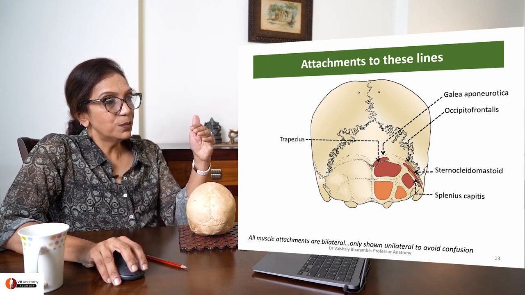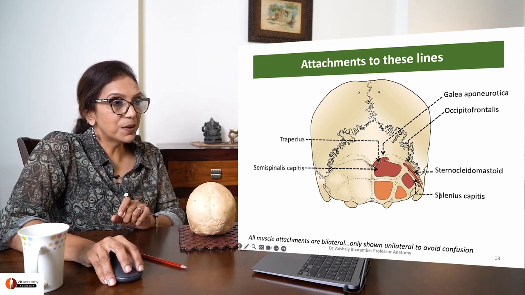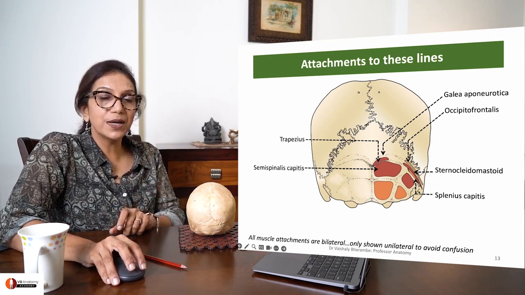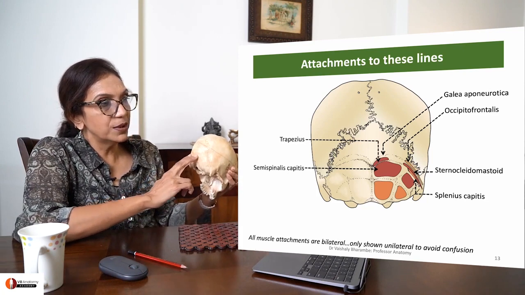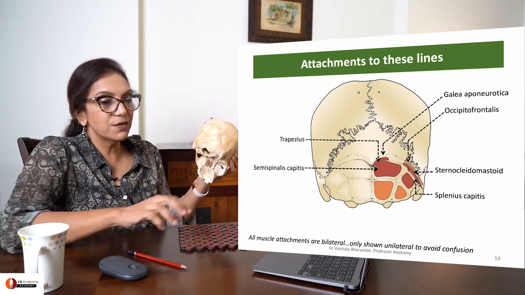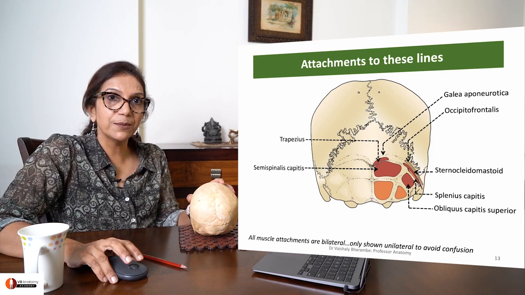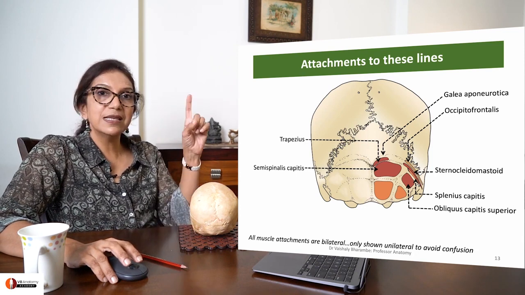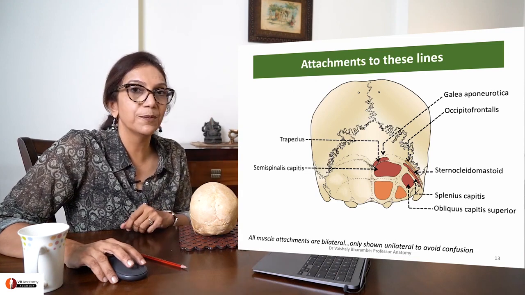Now below this superior nuchal line, you are seeing a couple of depressions. One depression medially, one depression laterally. The medial depression gives attachment to the semispinalis capitis, and the lateral depression gives attachment to the obliquus capitis superior. What are the two muscles? Semispinalis capitis, obliquus capitis superior.